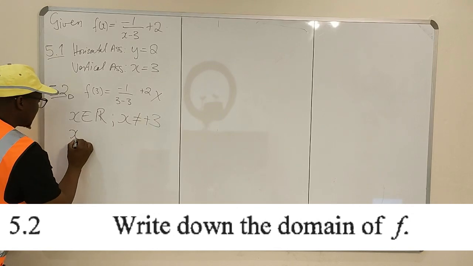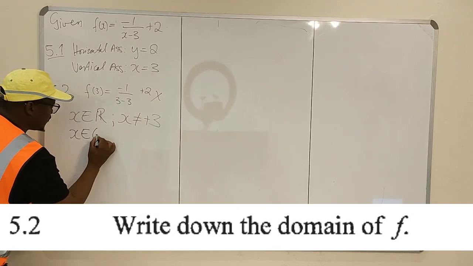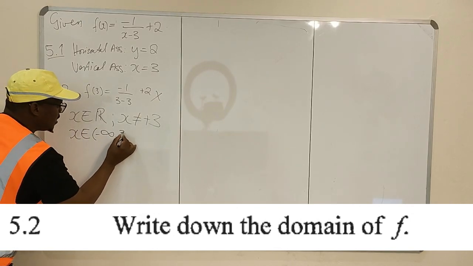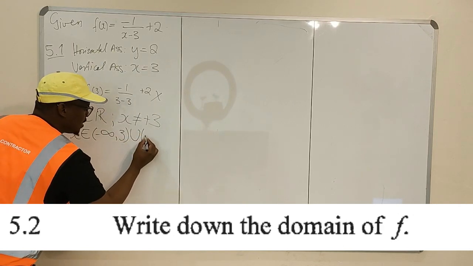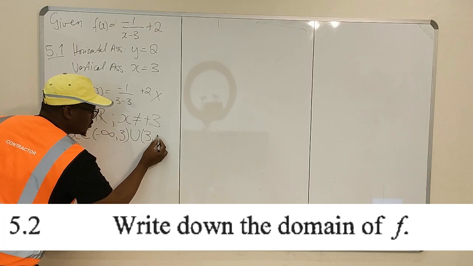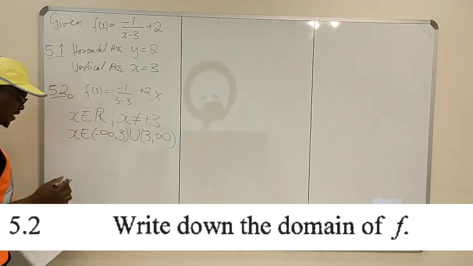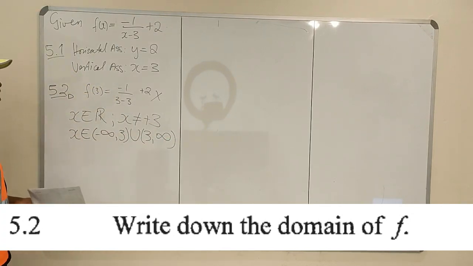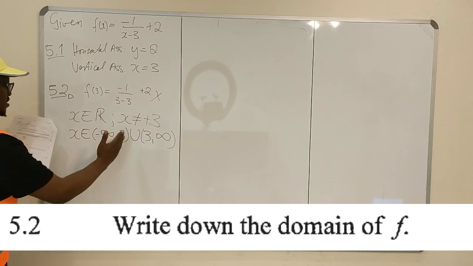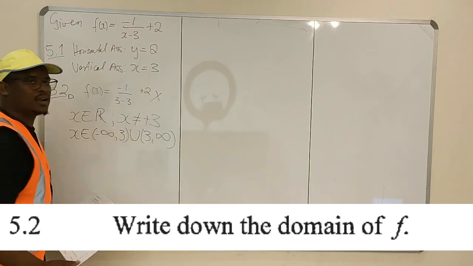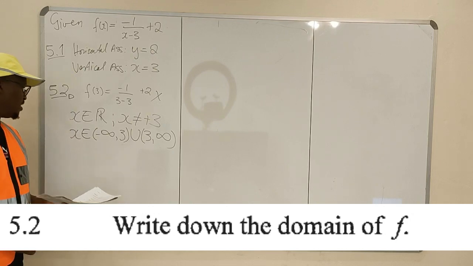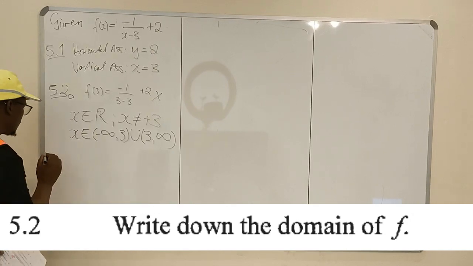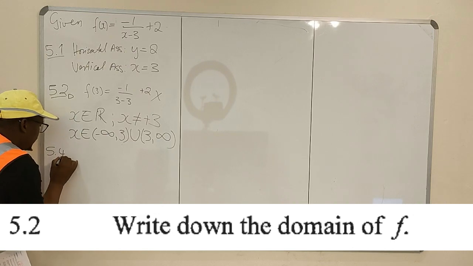Or you can say x is an element of -infinity to 3, 3 not included, union 3, excluded, to +infinity, right? So you can have x less than 3 or greater than 3. That is our domain.